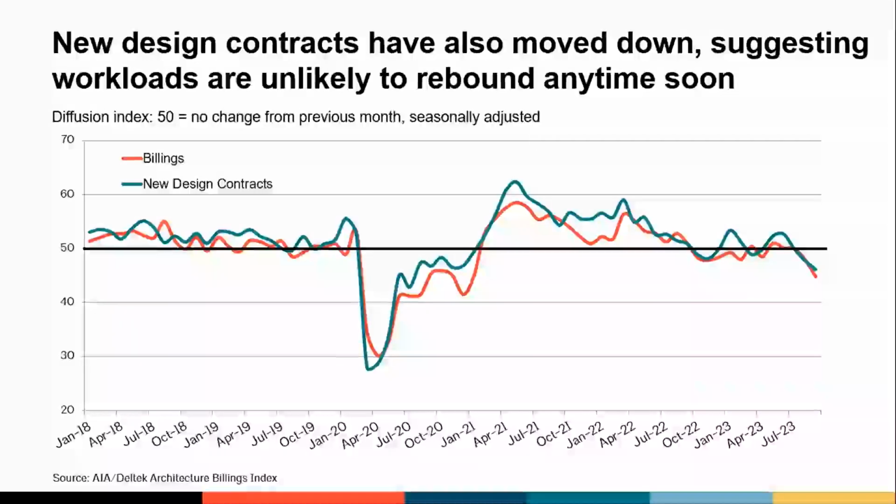We also saw design contracts. We keep trying to get farther ahead of the marketplace. So billings, I mentioned, are about a 9 to 12 month predictor of that spending. With contracts, we're trying to get a few more months ahead of that, right? You sign a contract before you can bill. And those are also going down.